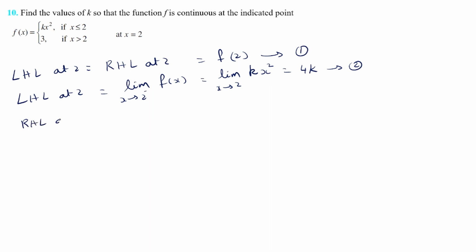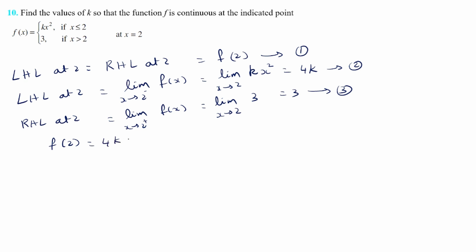And then the right hand limit at 2 is equal to limit x tends to 2 plus f of x. Now f of x takes the value 3 when x greater than 2. So it is limit x tends to 2 of 3. This is equal to 3. Let us mark this as 3. And f of 2 is again equal to 4k. Let us take this as 4.